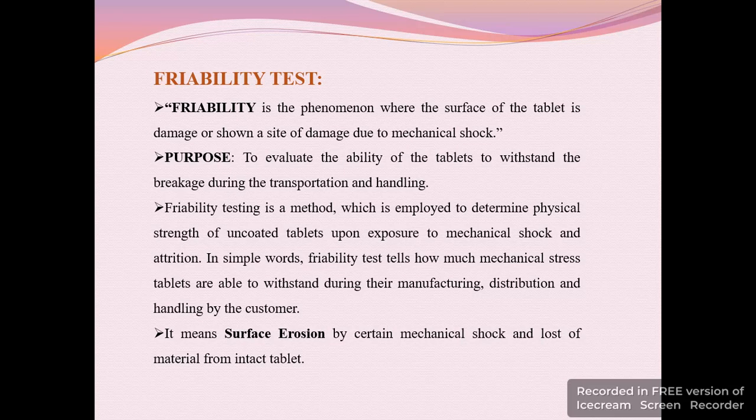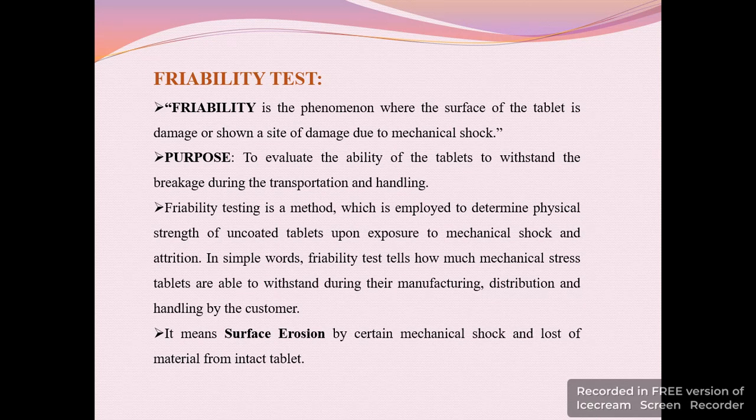So there are different official and non-official tests which are usually performed for solid, liquid and semi-solid dosage forms. Friability tests are usually performed for tablets.